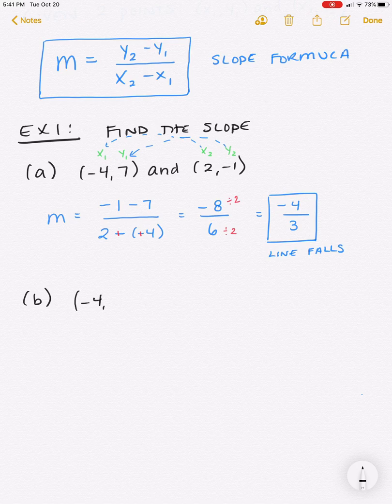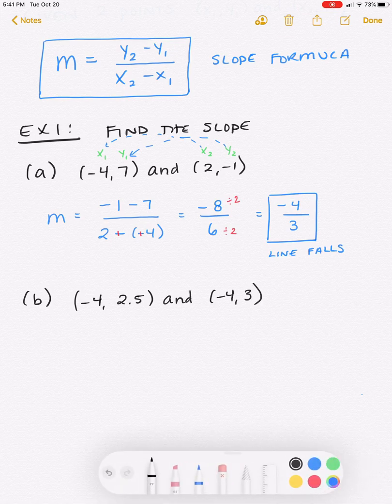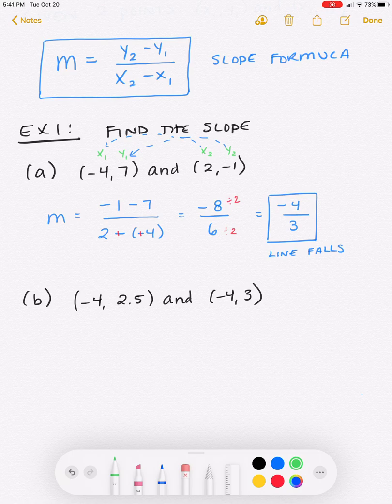Suppose we have (-4, 2.5), and we have the point (-4, 3). Again, we can label this first x, first y, second x, second y. And we're going to use the slope formula. m equals, we're going to take y sub 2 minus y sub 1.